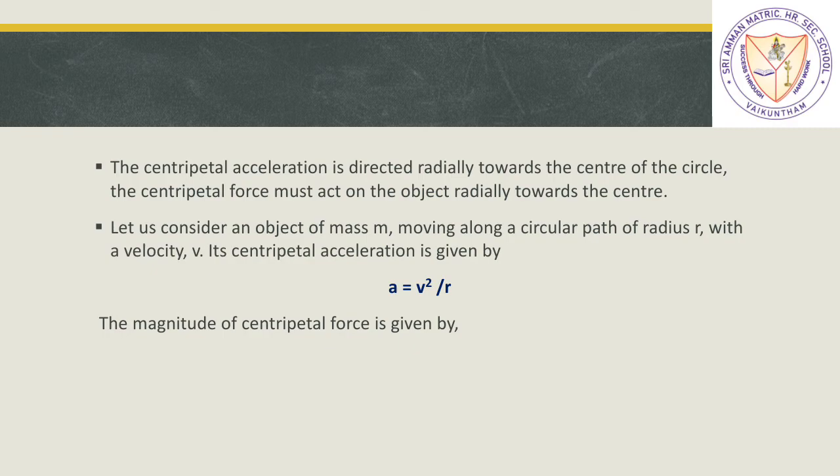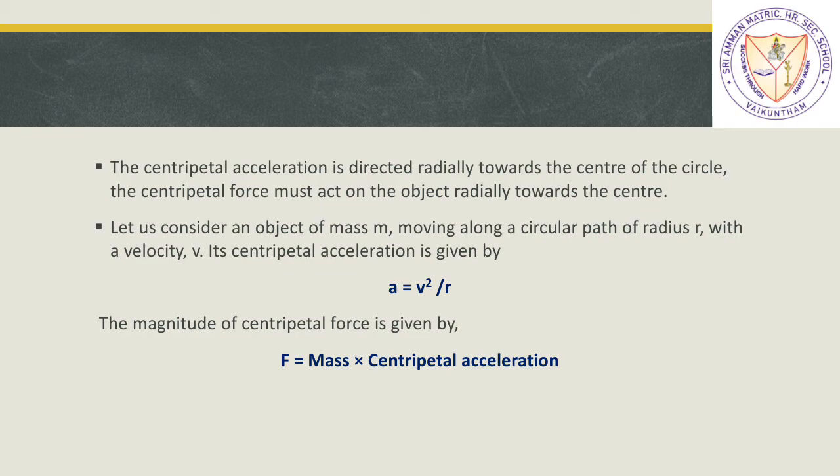Okay, the magnitude of the centripetal acceleration is given as v square by r, whereas the magnitude of the centripetal force is given by... Force is always mass into acceleration. Here, since we are talking about the centripetal force, it is coming from the centripetal acceleration.